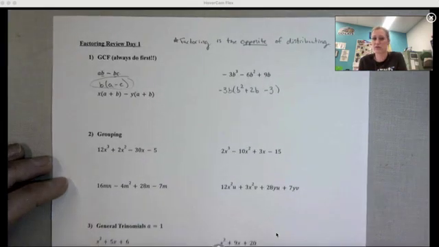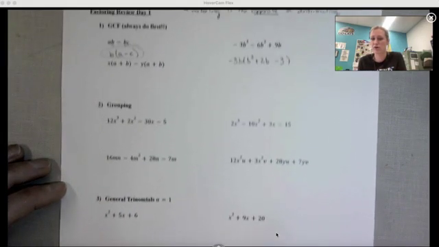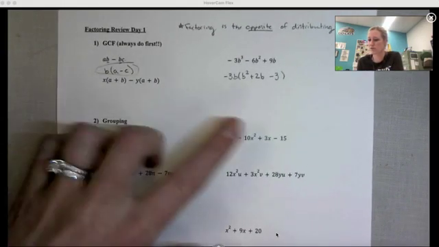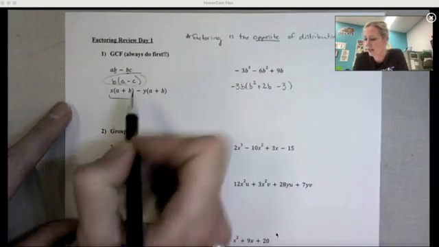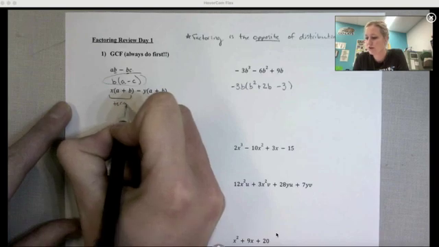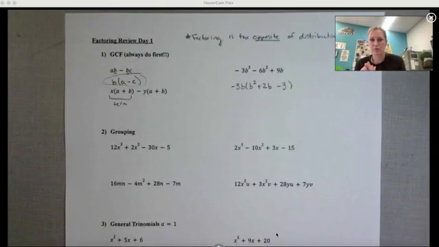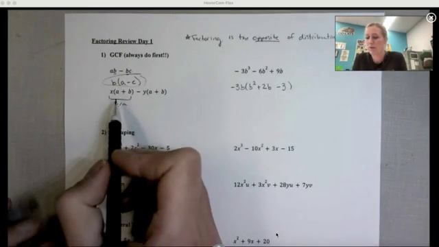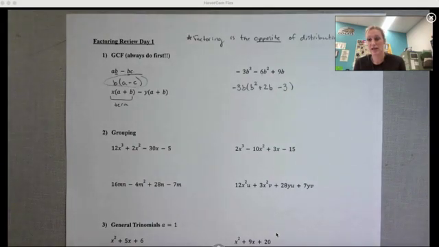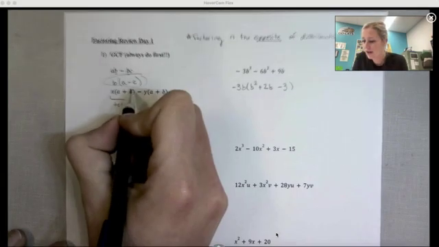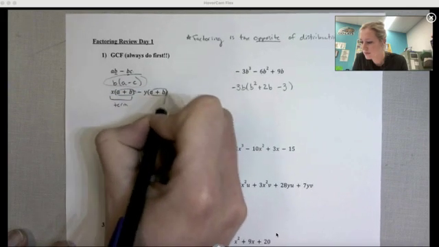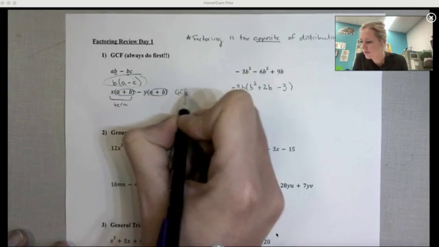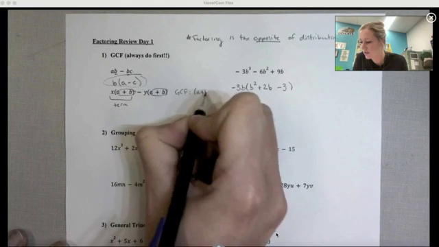Next we're going to look at, notice I had a bunch of different terms here. Oh, sorry, I have one more. This right here is a term. A term is tied together with multiplication. So I'm looking at what factor the terms have in common. I have this piece and this piece, so my GCF is a plus b.